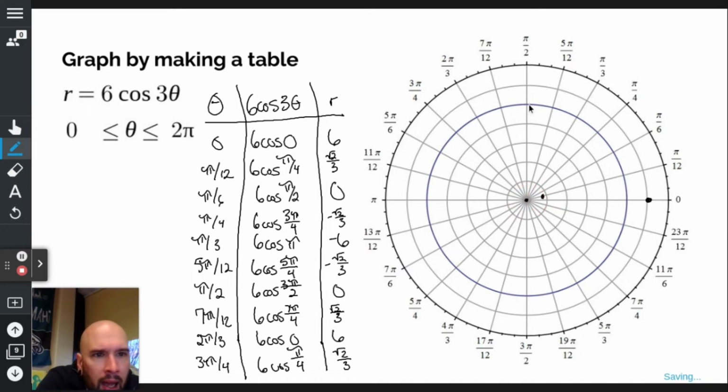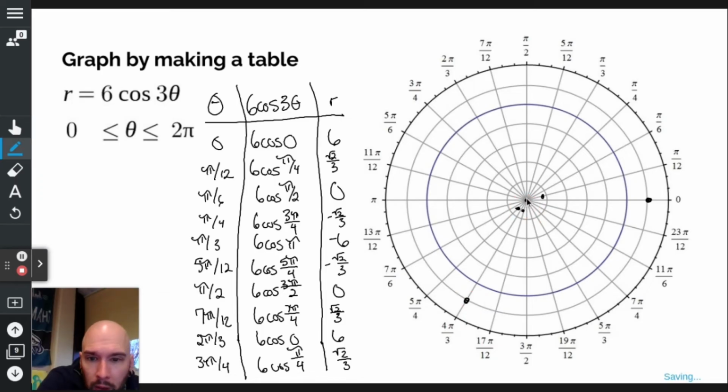And then at pi over 4 you're at negative 3 root 2, so it's like a U. Then at pi over 3, we're at negative 6, and then come back down to here.